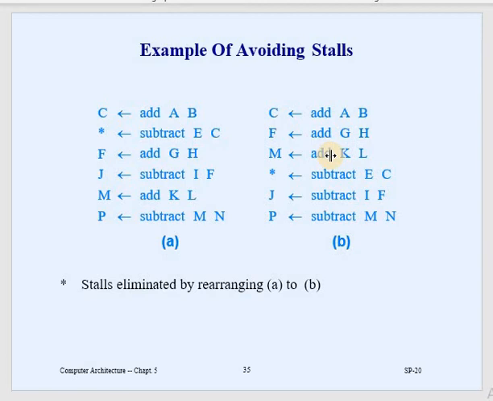What we got from this rearrangement is basically 2 clock cycles of time, because C is to be calculated in stage 5, so we will have 2 clock cycles.